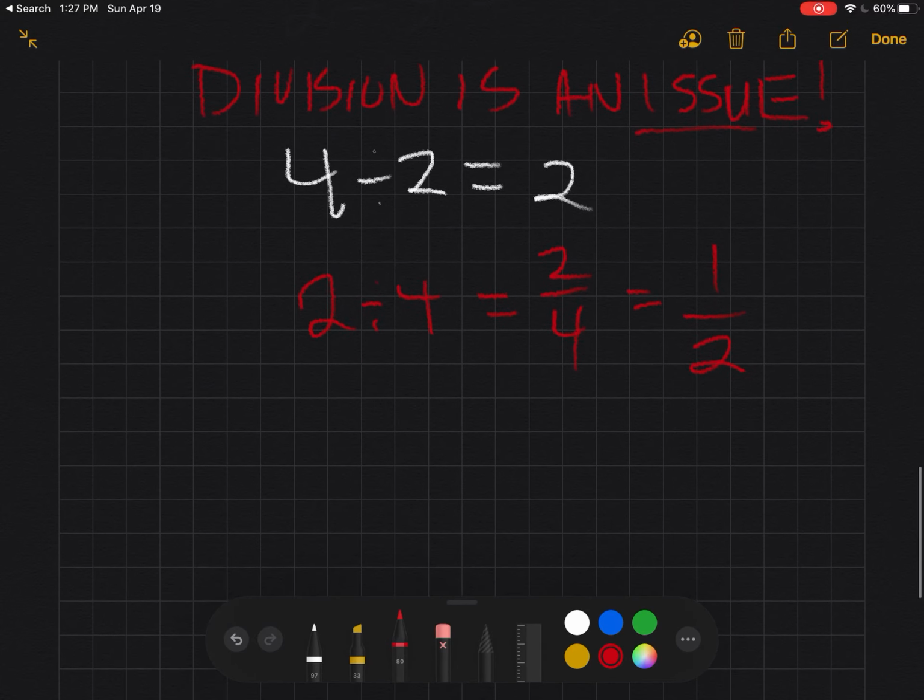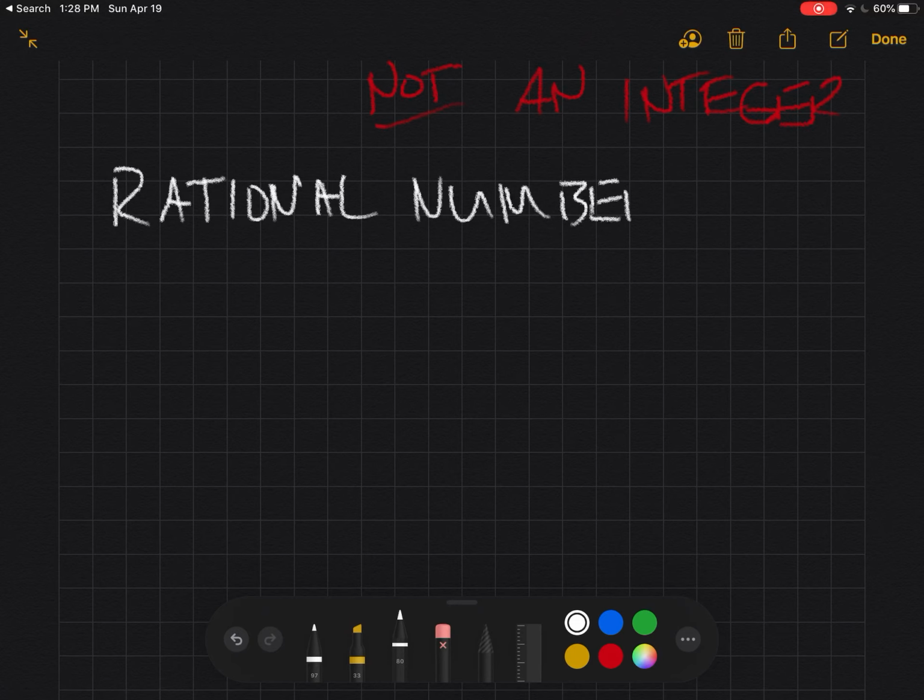But 2 divided by 4, that would be the fraction 2 over 4. And that would be 1/2. This is not an integer. And so we need another kind of number, right? We need rational numbers.